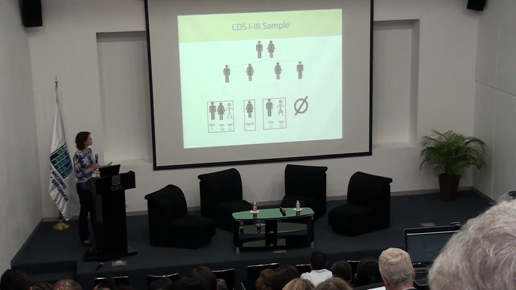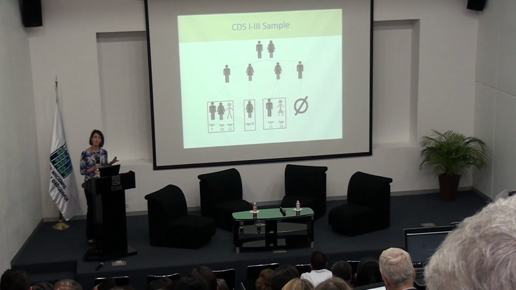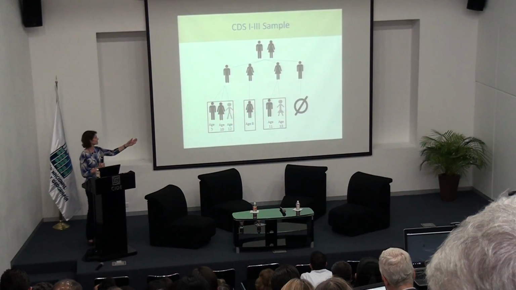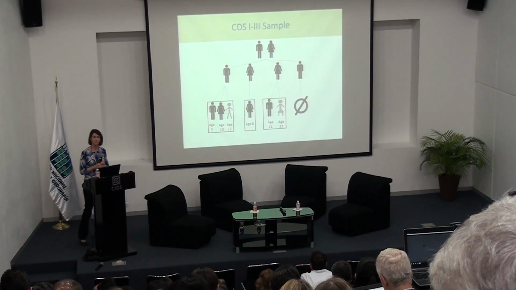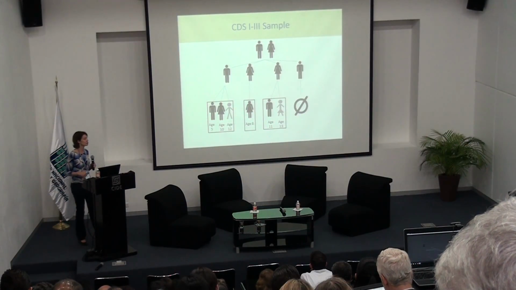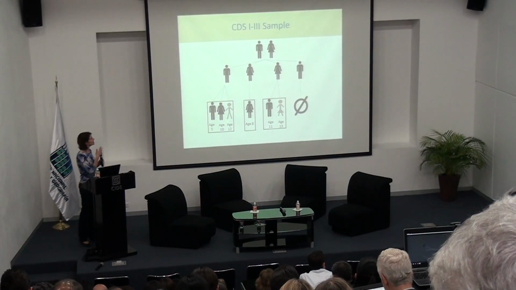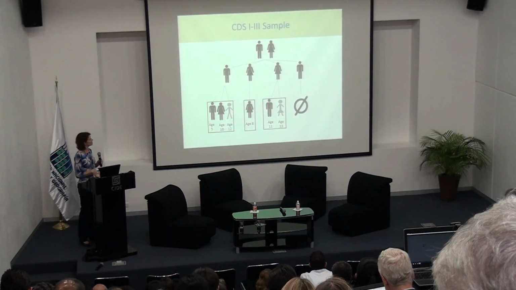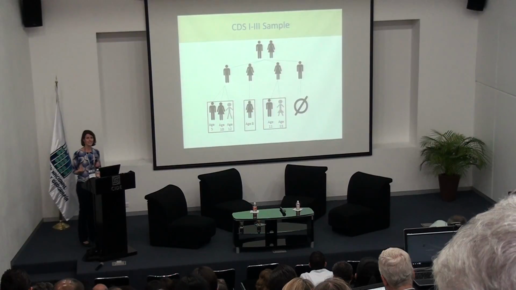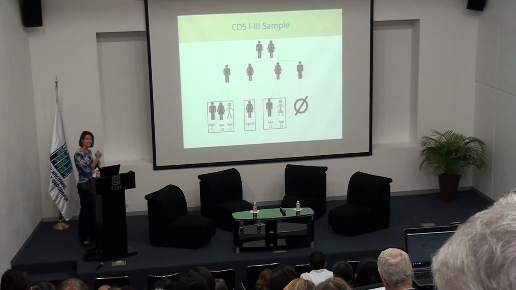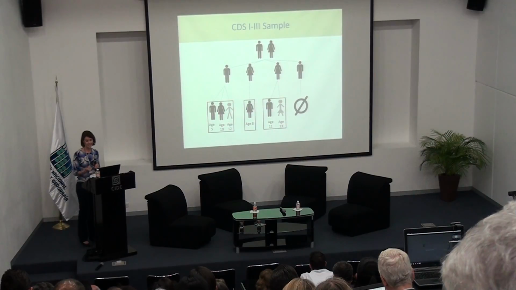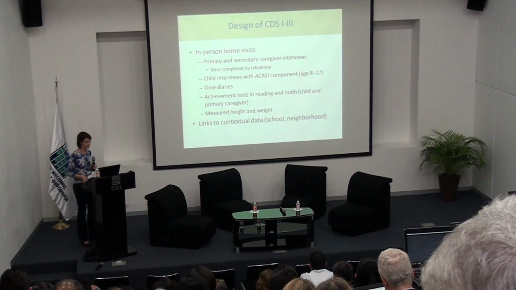And then in the third box, you can see there are 2 children in a household, but only one is age eligible. The second child in gray is 13 years old. So we did not collect information on children who are adolescents when the study started. And then on the far side, we see a family member who has not yet had any children. And so that individual is not going to contribute any children to the design of CDS over his lifetime.